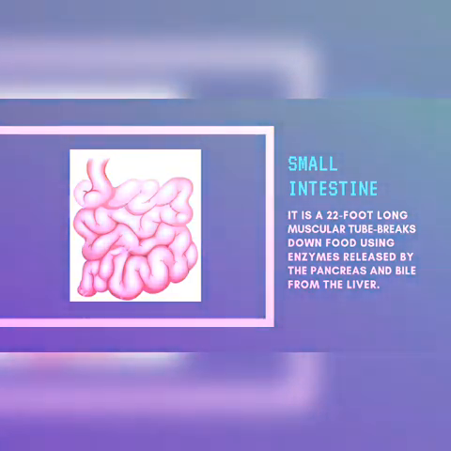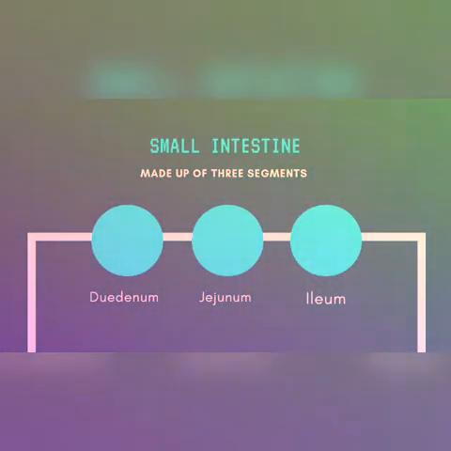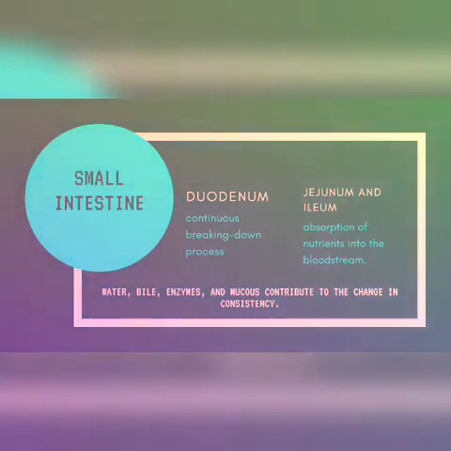This intestine is made up of three segments: the duodenum, jejunum, and ileum. The duodenum is largely responsible for the continuous breaking down process, while the jejunum and ileum are mainly responsible for absorption of nutrients into the bloodstream.